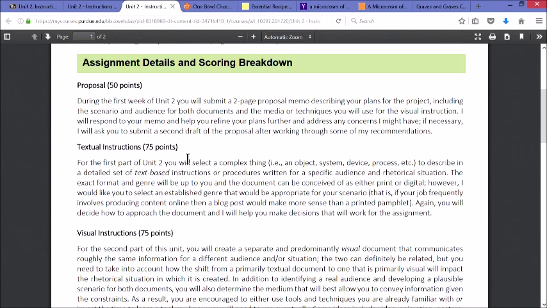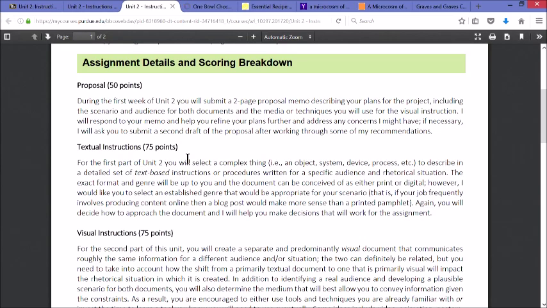You might have a manual that is on a workbench in a laboratory that tells you specifically how to do the steps in a chemical reaction. The choice of genre is typically reflected by the workplace, by the scenario in which you are writing.